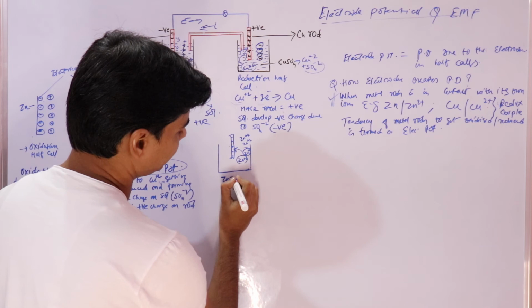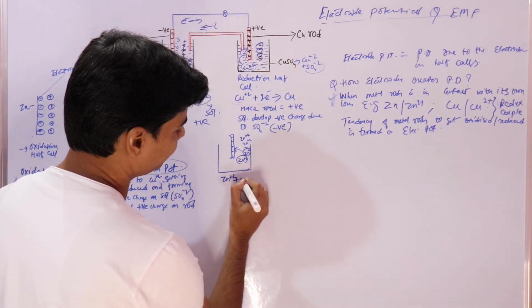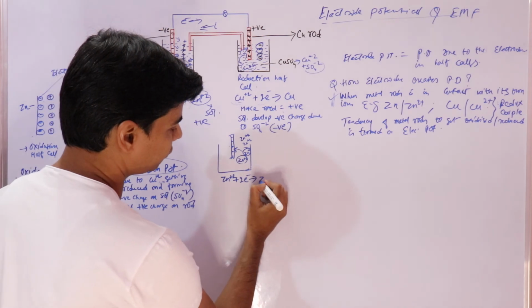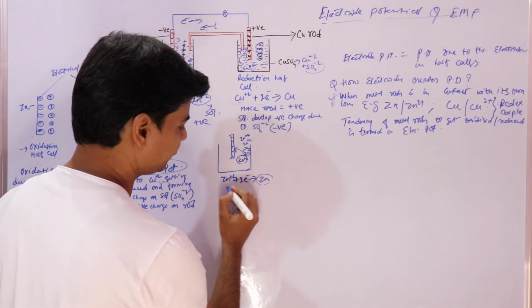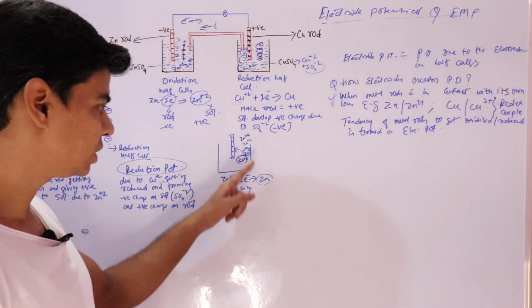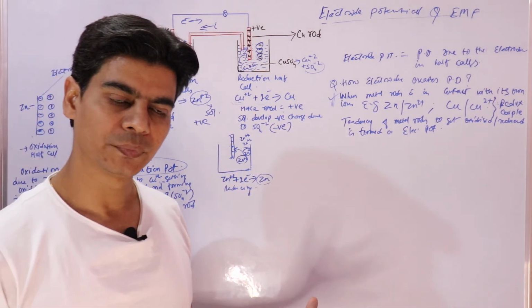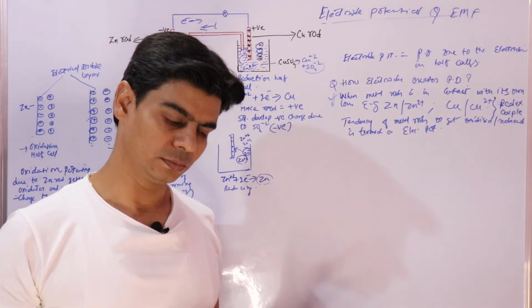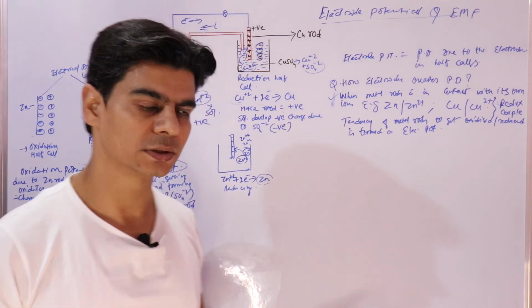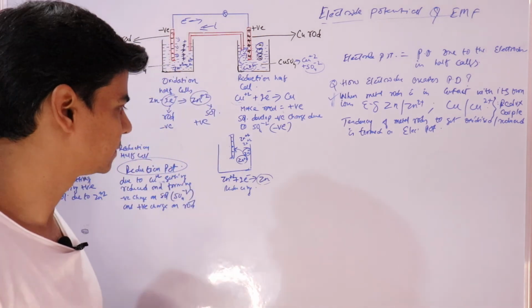Reduction, right? Some of these ions will get attracted by these electrons and will form zinc. This is your reduction. So when the concentration of ions increases, reduction will start occurring, that is, the reduction potential will increase when the concentration of ions increases, right?